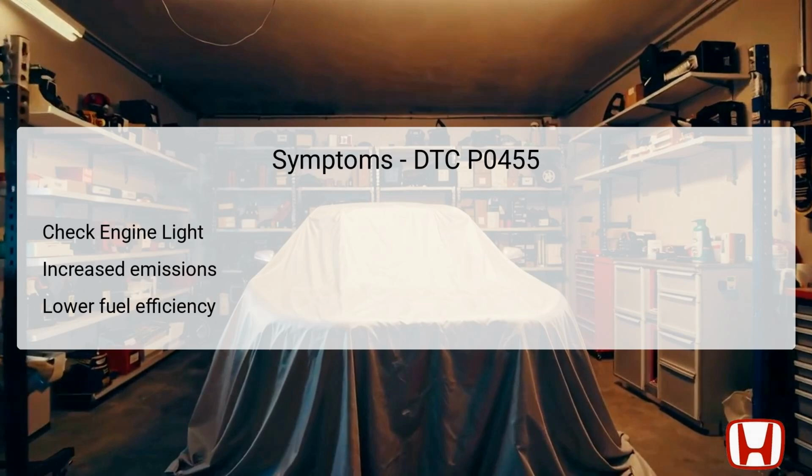Drivers may notice lower fuel efficiency as uncontained vapors can disrupt optimal fuel combustion in the engine. Other symptoms may include fuel odor near the fuel door or tank. Understanding these symptoms may help drivers become aware of the issue before it escalates, leading to potential damage to the vehicle.